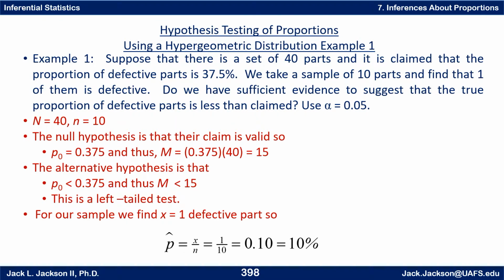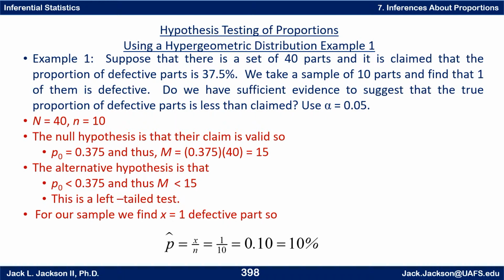The null hypothesis is that their claim is valid, so p-naught, the true proportion in the population, is 0.375. Thus the number of successes in the population is 0.375 times 40, which is 15. Of course, that needs to be a whole number, and it is.